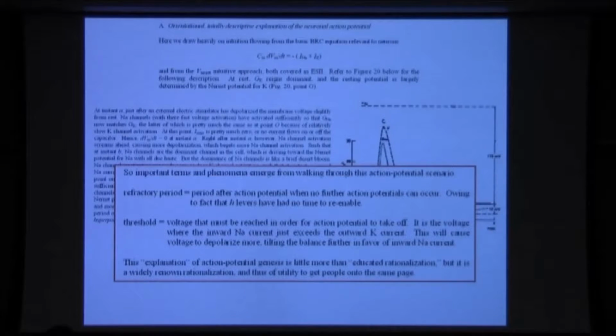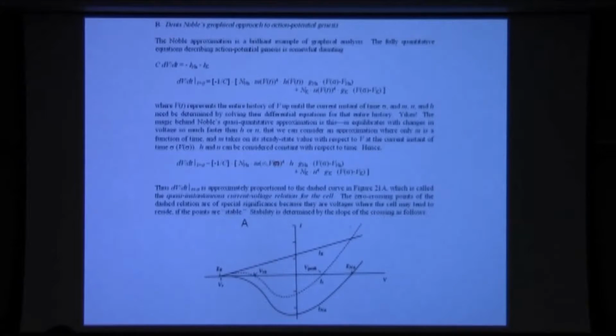It's hard to explain these concepts based on a sort of qualitative thing, but we can come to this other way of looking at it that Dennis Noble came up with, which is very clever, and it's a brilliant example of graphical analysis. So graphical analysis tries to give you the intuition of geometry to understand very complicated things.